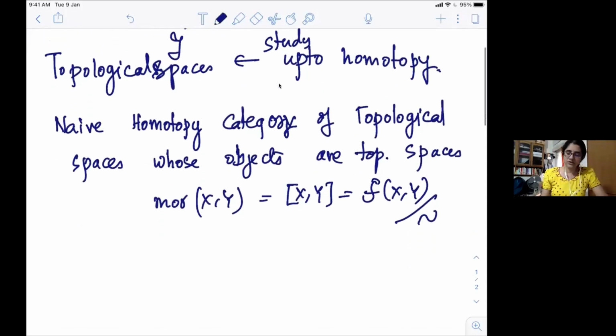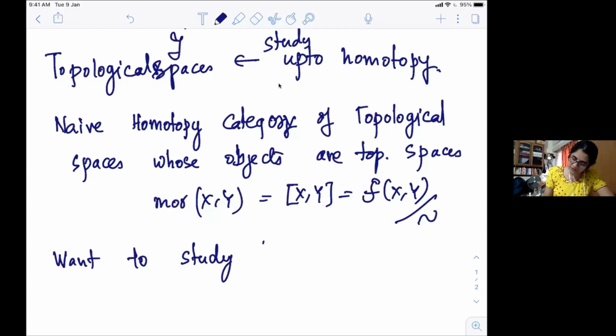But often to check if two things are homotopy equivalent is much harder. And usually when we are talking about the category of topological spaces, we usually want to study them up to what we call weak homotopy equivalences.